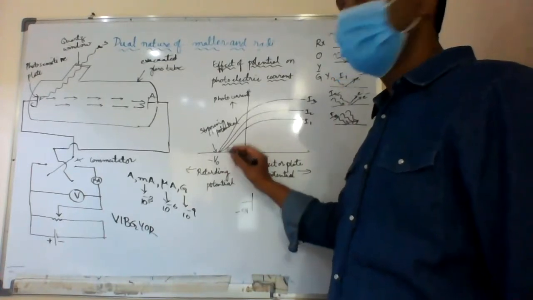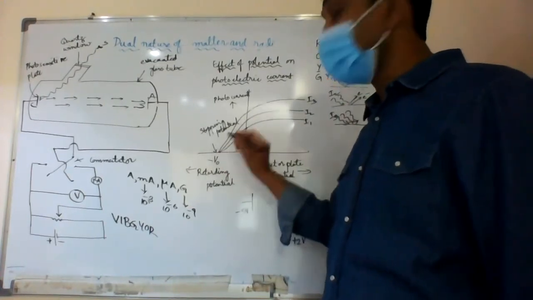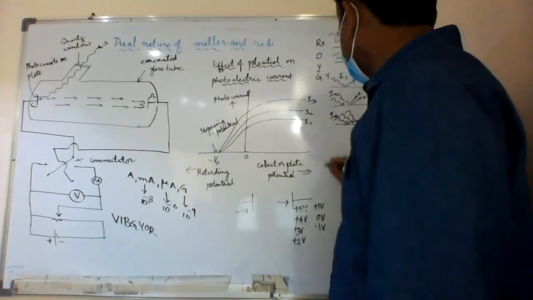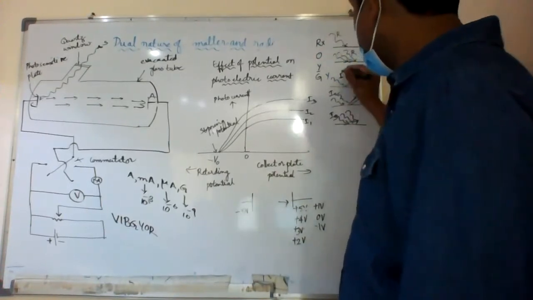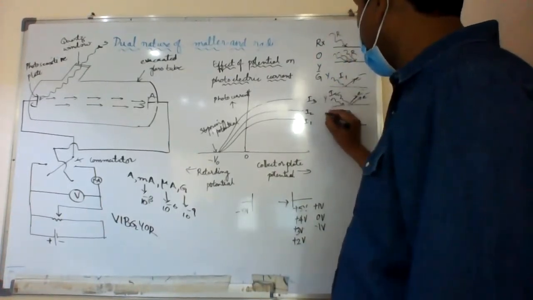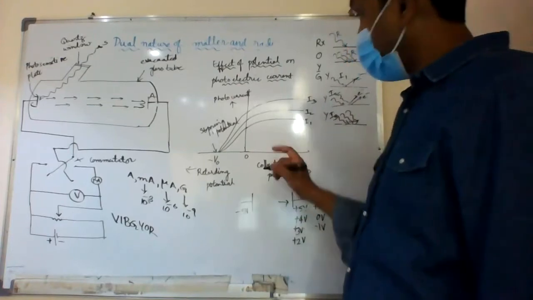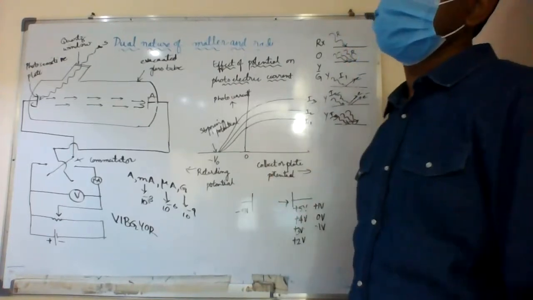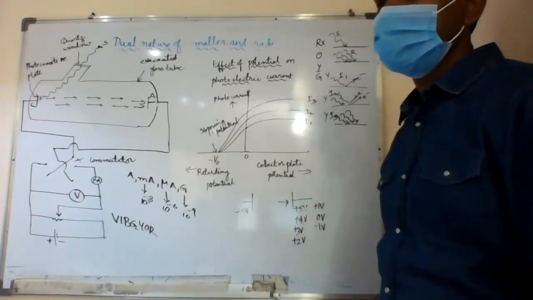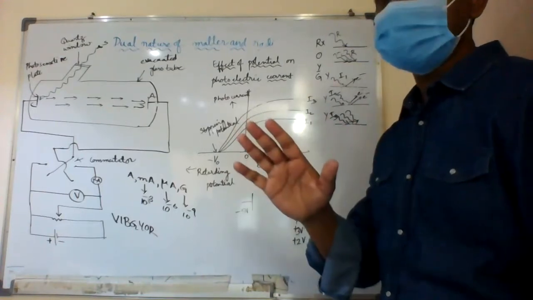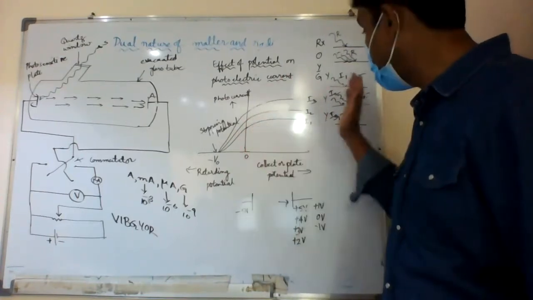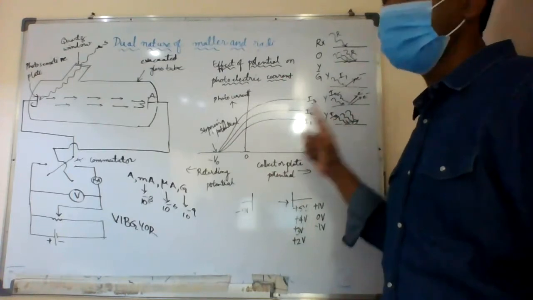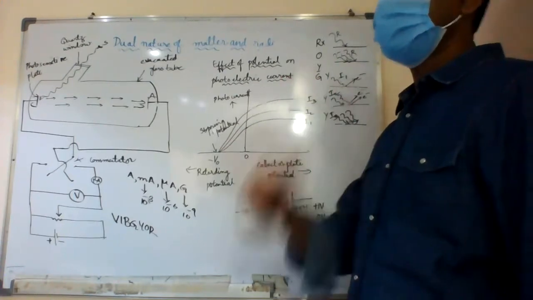That particular point is known as stopping potential. Suppose I have used only yellow color throughout. For one particular color, there is one stopping potential, even though it has different intensities.